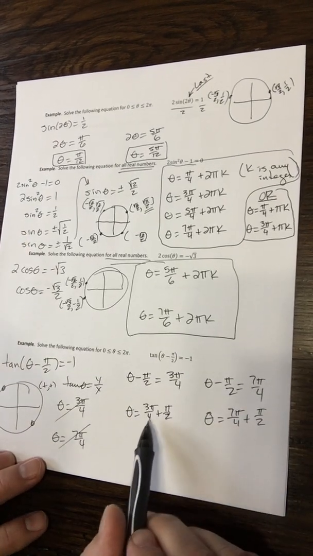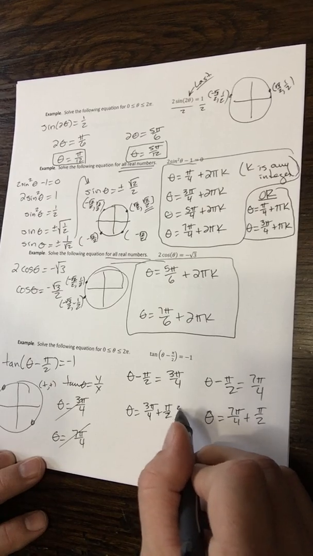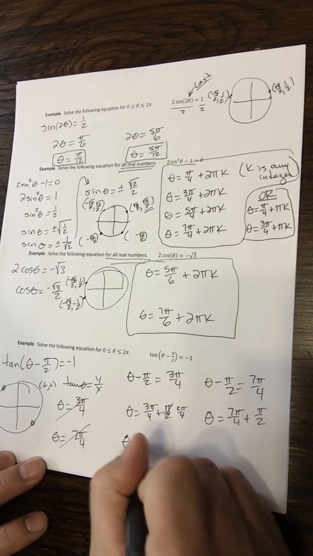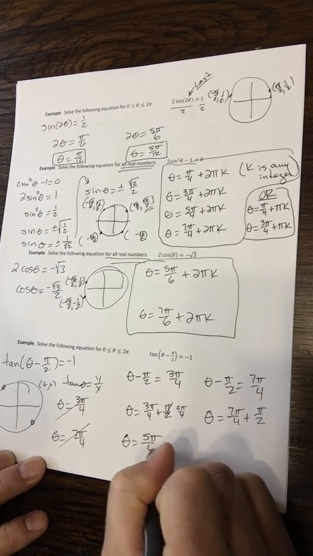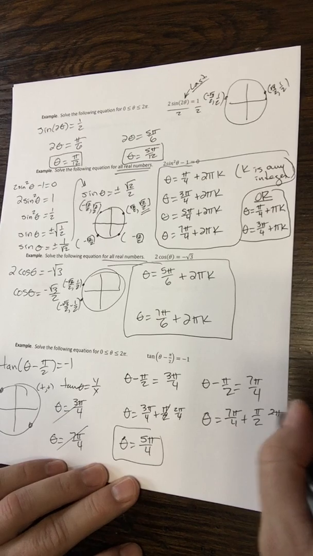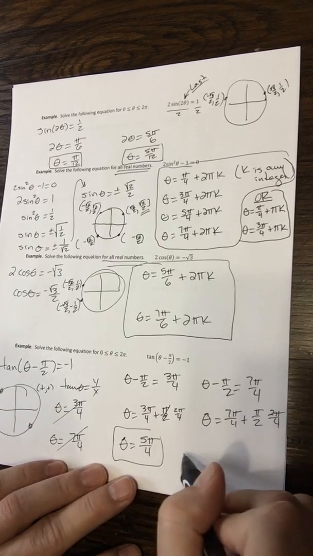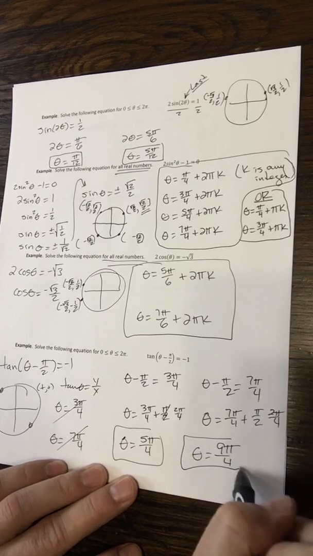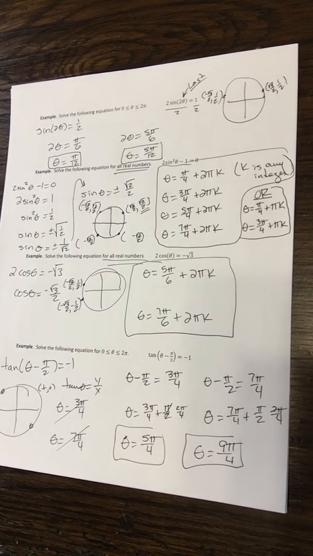Okay, if I'm adding, I got to have the same denominator, so isn't this like 2 pi over 4, right? Isn't that 2 pi over 4? So I get theta equals 5 pi over 4. That's one answer. And here, when I add 2 pi over 4, I actually get theta equaling 9 pi over 4. 9 pi over 4.